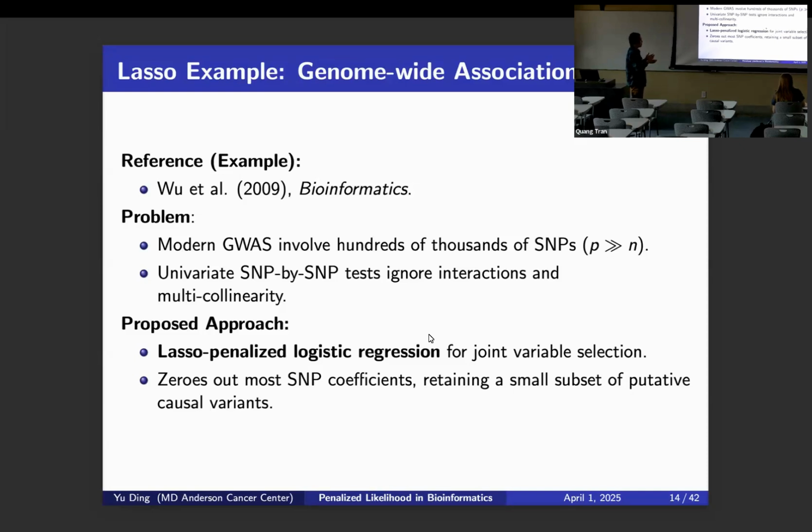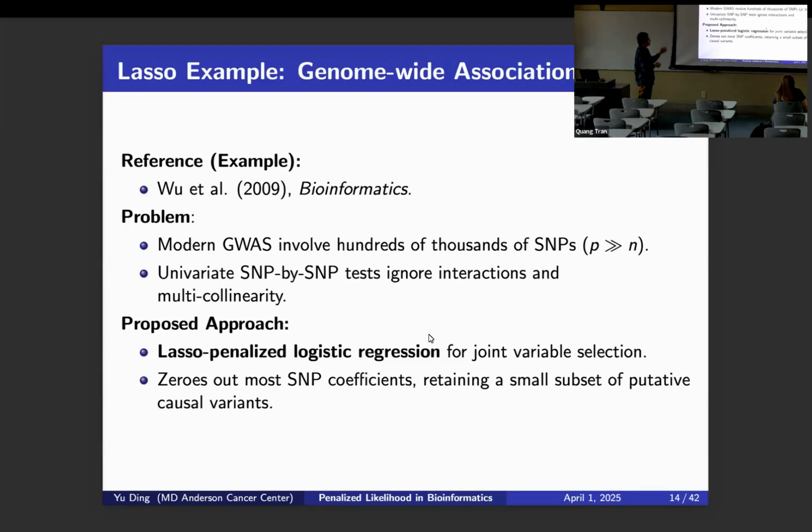And the univariate, SNP by SNP test tends to ignore the interactions and the multi-collinearities. So if we analyze the SNPs from these hundreds of thousands one by one, pairwise, then we tend to neglect many meaningful pieces of information.